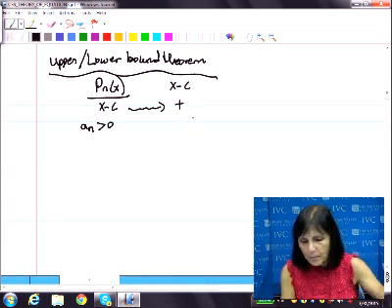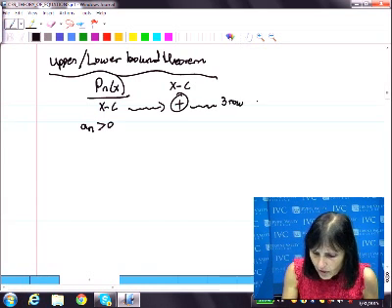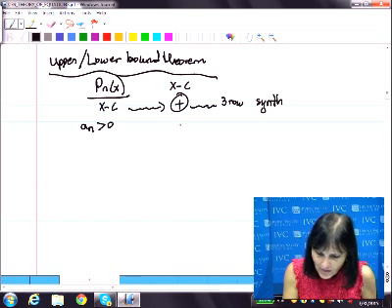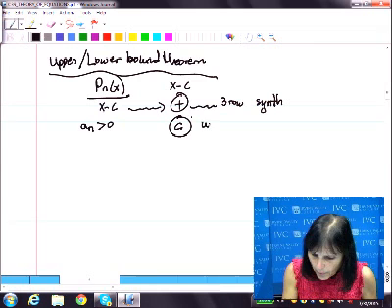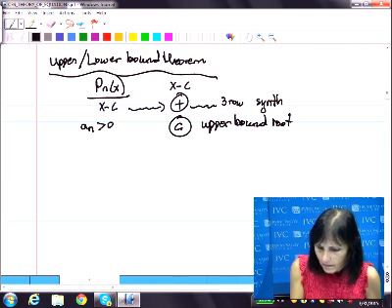If you get all positive terms in the last row when you do your synthetic division, that means that c is an upper bound for your roots. Very, very handy.